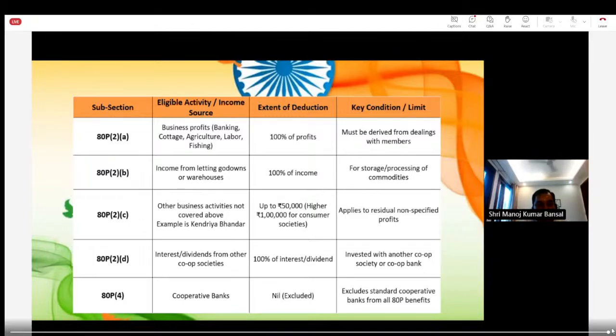So 8 lakh societies need professional persons to work for them and to guide them. Planning, taxation part is there, filing returns, compliances, and giving reports to the management. So cost accountants can play a big role in this sector.